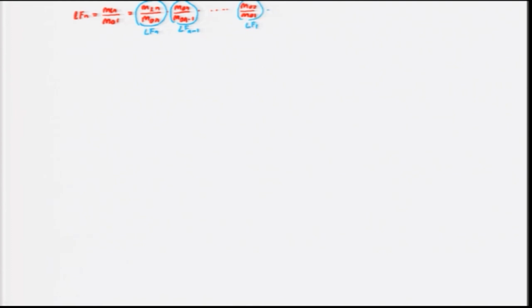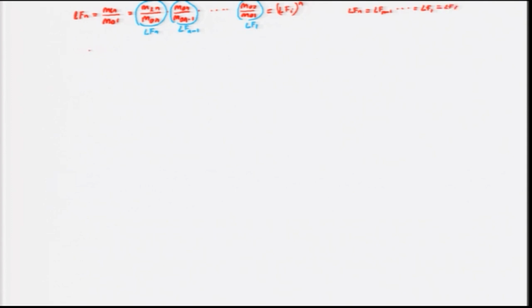So, that itself we can write as LF_I power n, because if I consider the payload fraction the same for all stages, LF_n is equal to LF_(n-1) is equal to LF_1 is equal to LF_I.